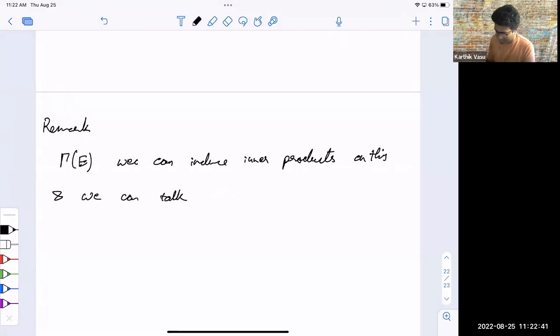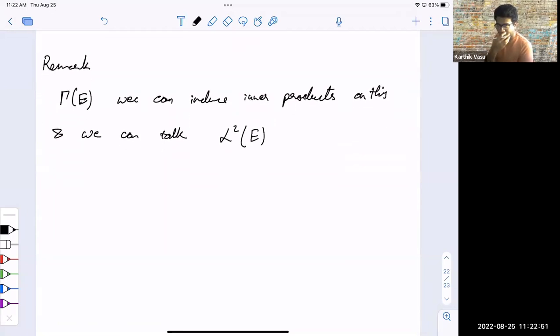So these were smooth sections, but I can talk about L2 sections. Once I have an inner product, I take measurable sections and see that the norm should be finite. So these no longer have to be smooth, but they can have discontinuities and whatnot.